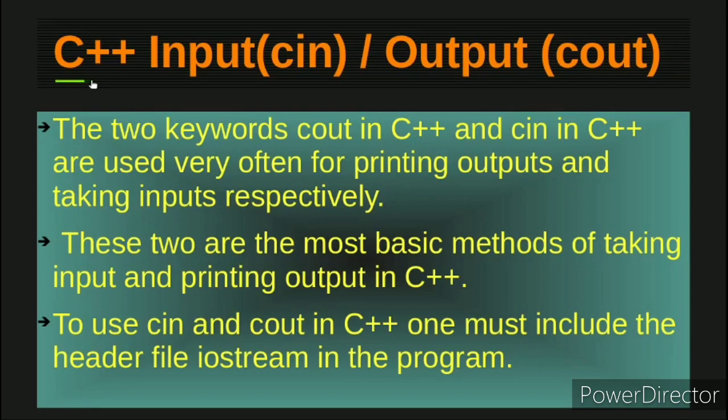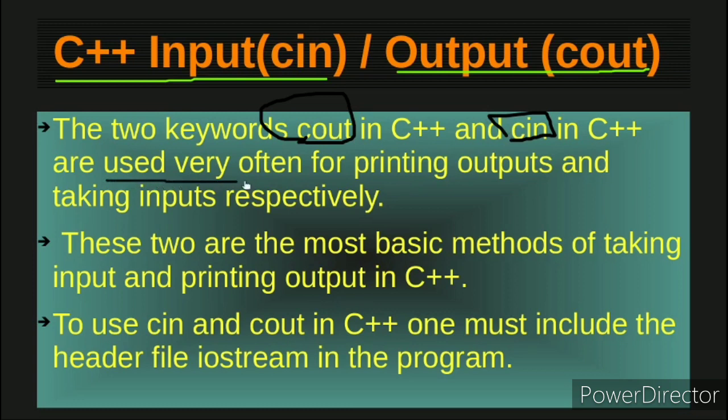Now coming over to the C++ input and output statements, the keywords cout and cin are the most commonly used statements for printing outputs and for taking inputs, whereby cout is used for printing our output on the display screen and cin is used to take inputs from the keyboard.